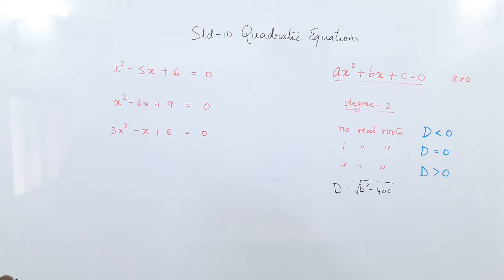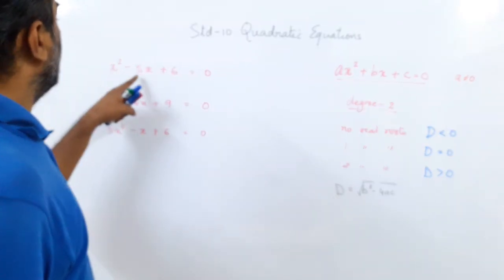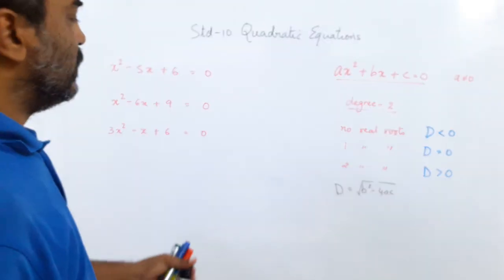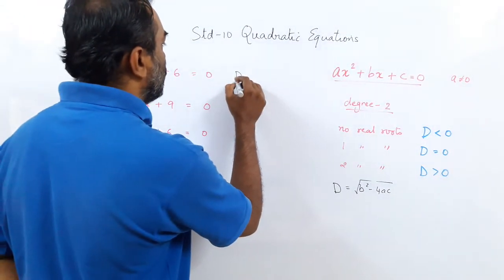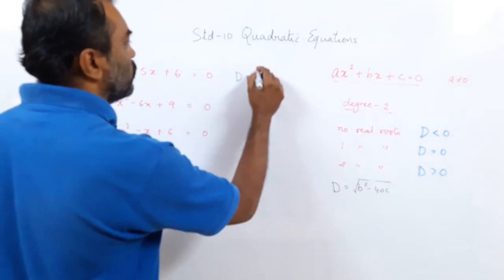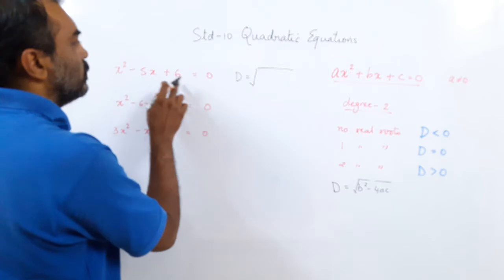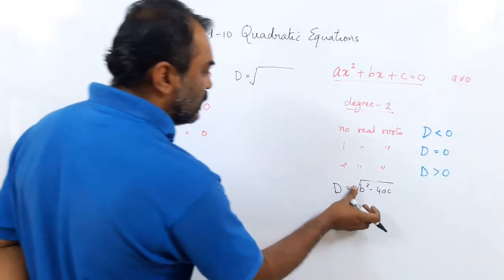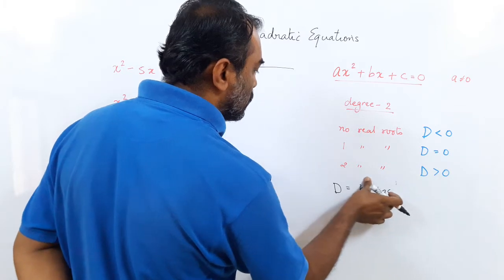Okay? So now let us check this out. A is 1, B is minus 5, C is 6. So what is the D here? D in this case is equal to b square minus 4ac.